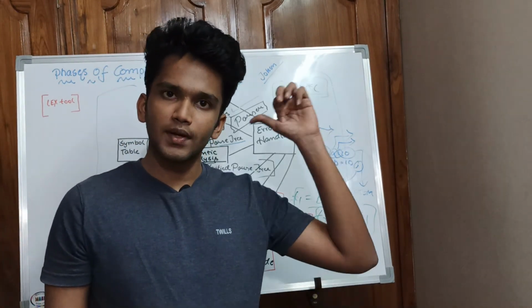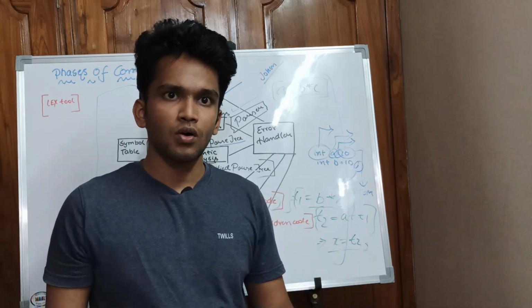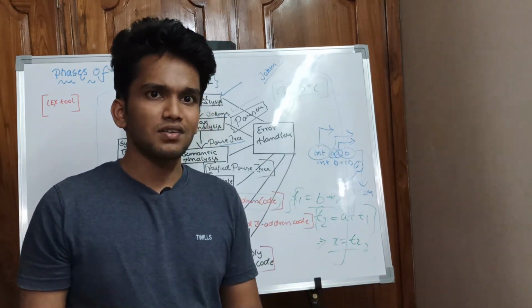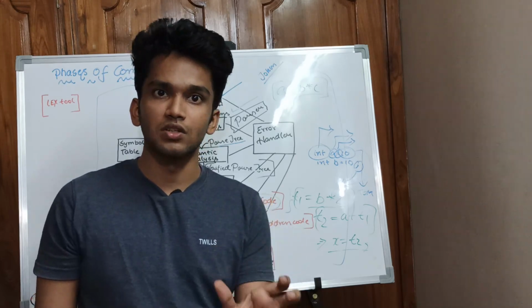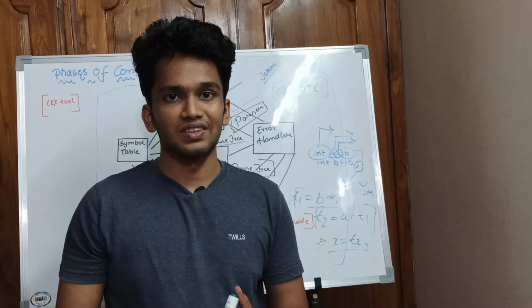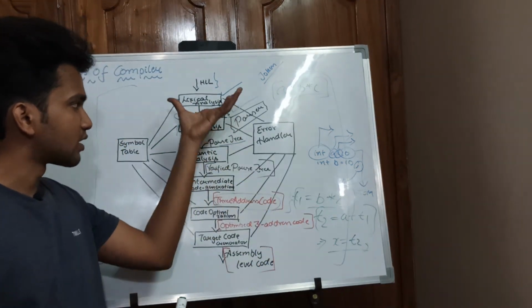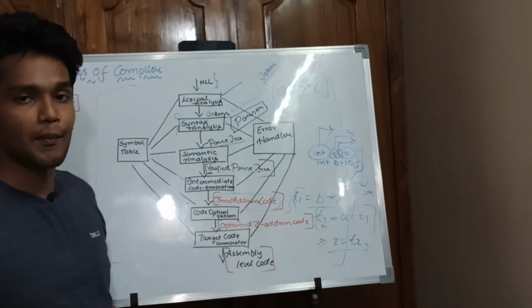Here we are talking about a compiler, right? It will generate assembly level code, but that will have certain machine code instructions also. Okay, so these are the main 6 phases of the compiler.